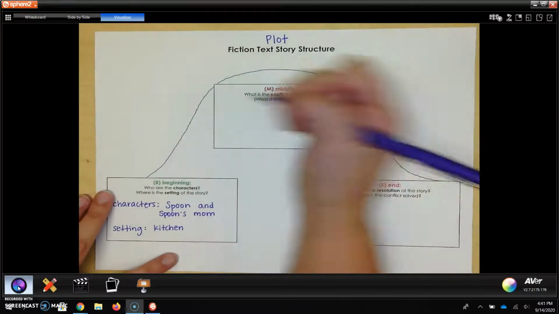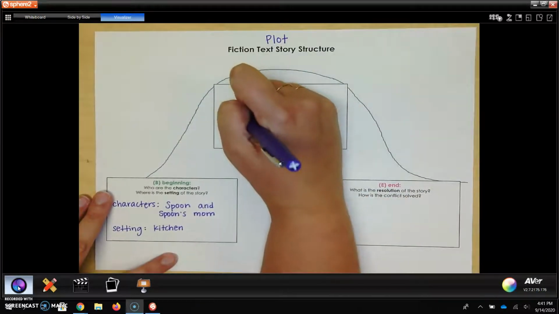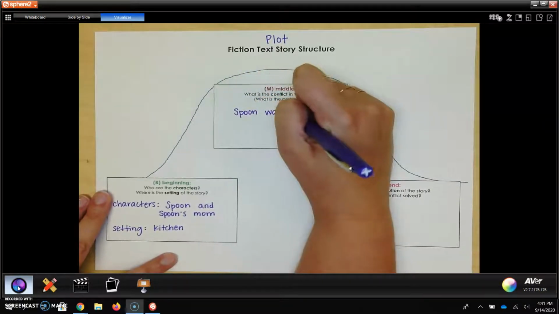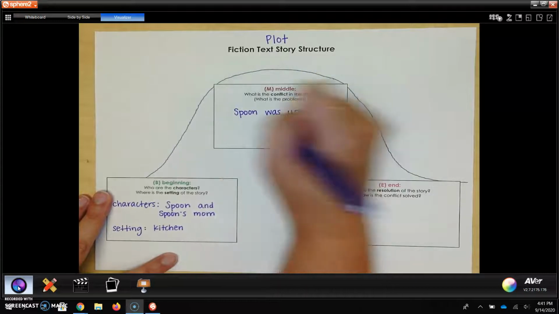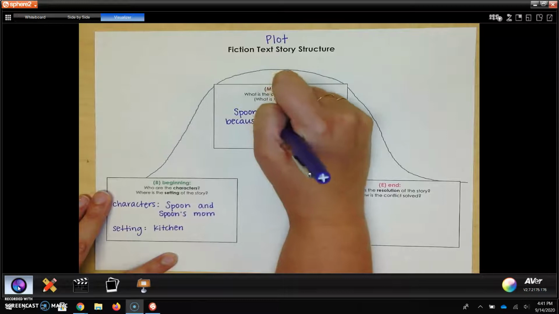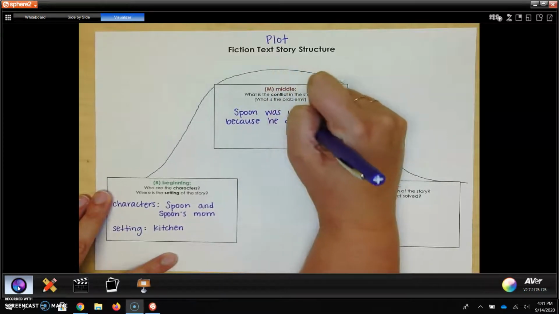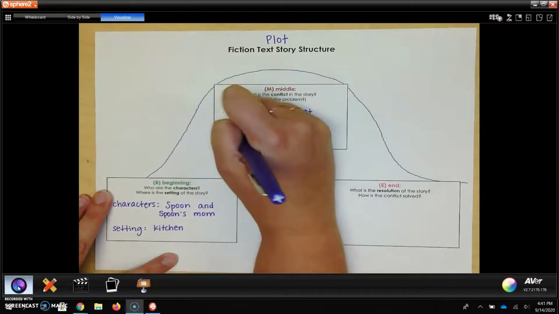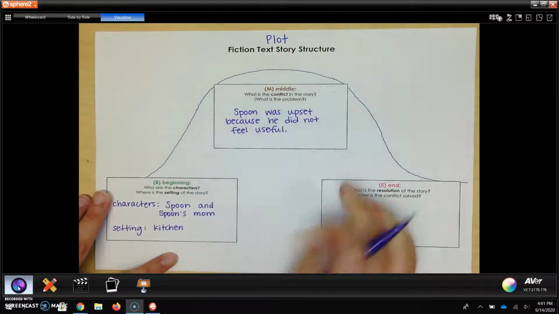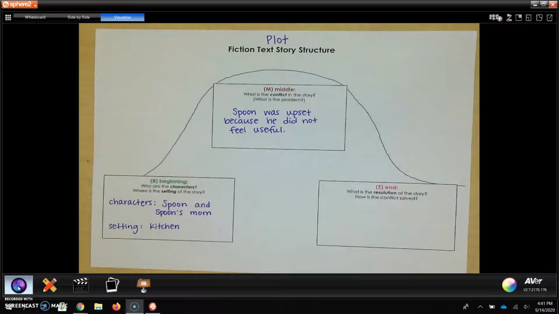Well, we know that Spoon was upset because he did not feel useful. So the problem that Spoon was having was that he was very upset because he did not feel useful.